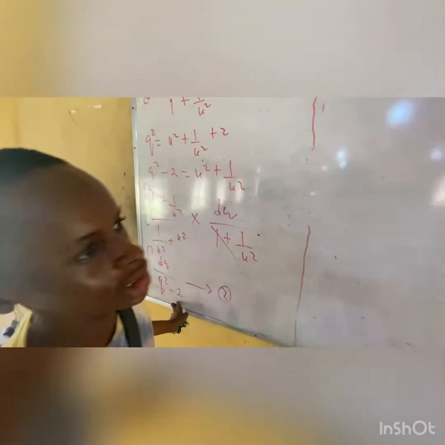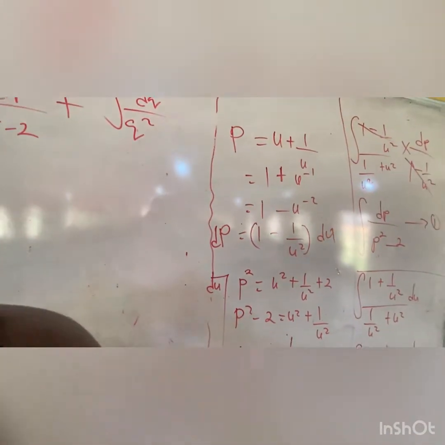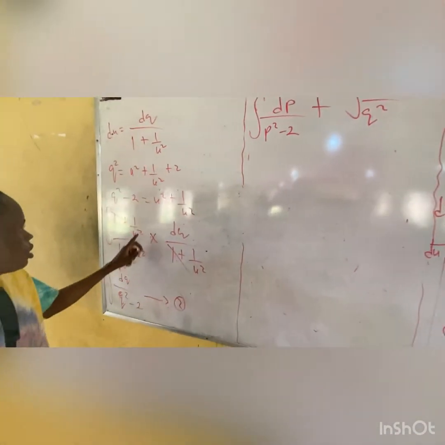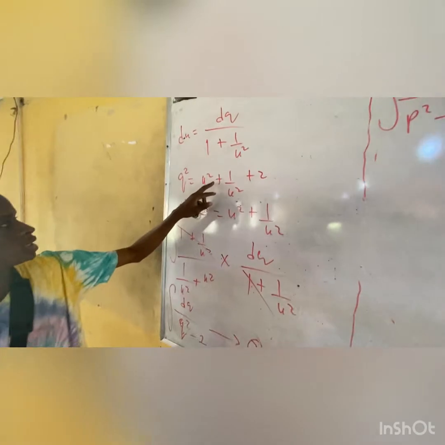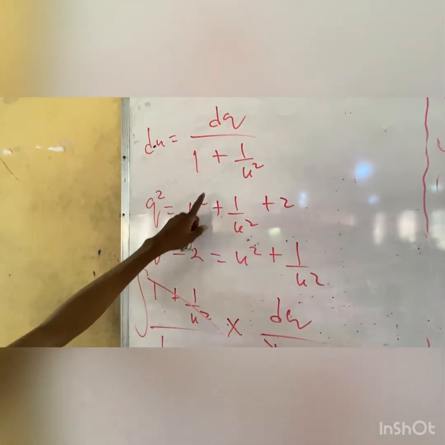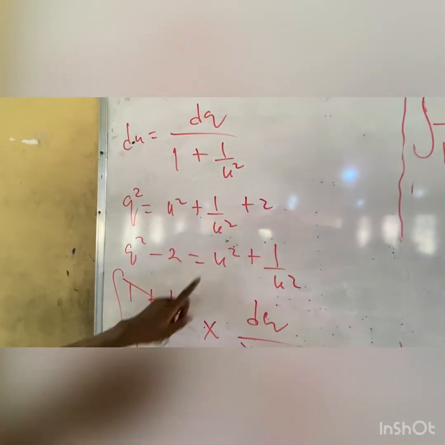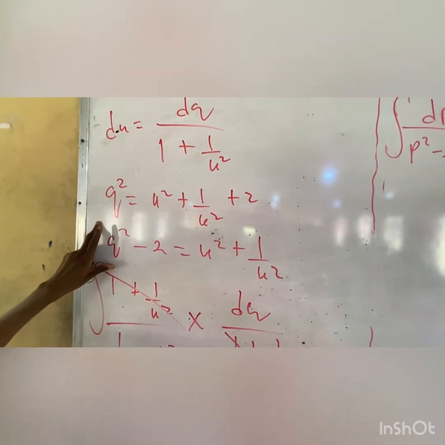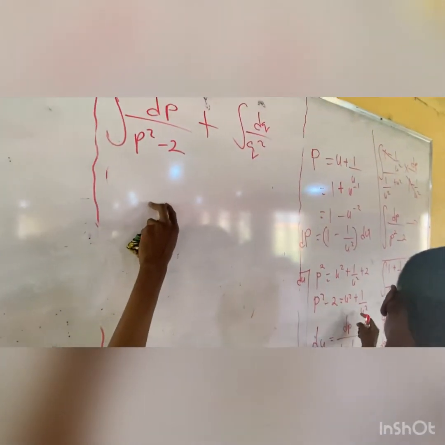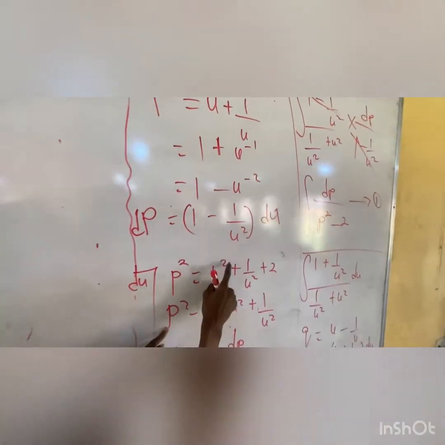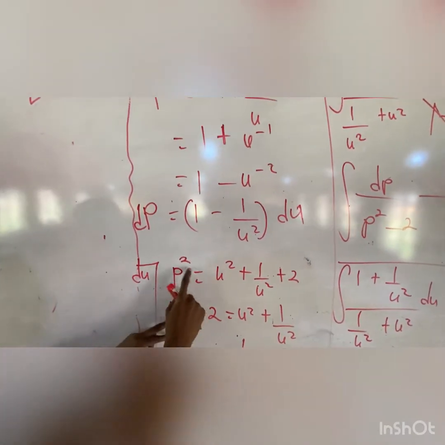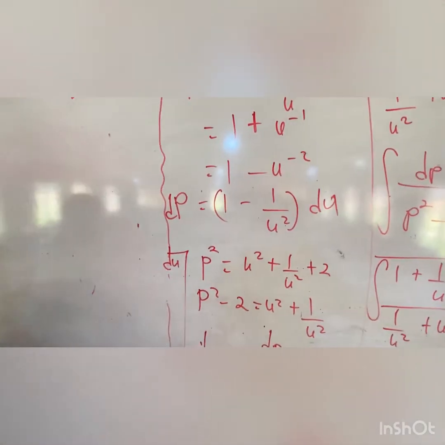There is a mistake. When we took the square root of u plus 1 over u squared, we have u squared. So this is minus 2.